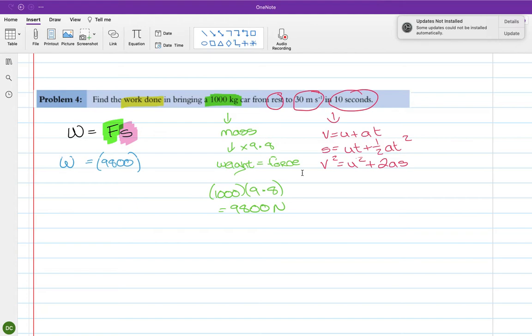So we're trying to get S, and what do we have? Starting from rest is your U, up to 30 is V, and 10 seconds is T. And we're looking for S, the displacement, because that's what we need to fill in our work formula.